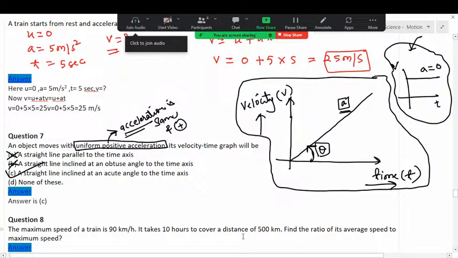Time is given, total distance is given. Total distance is given to be 500 km. Time taken to cover this distance is given to be 10 hours. Maximum speed attained is given to be 90 km per hour.